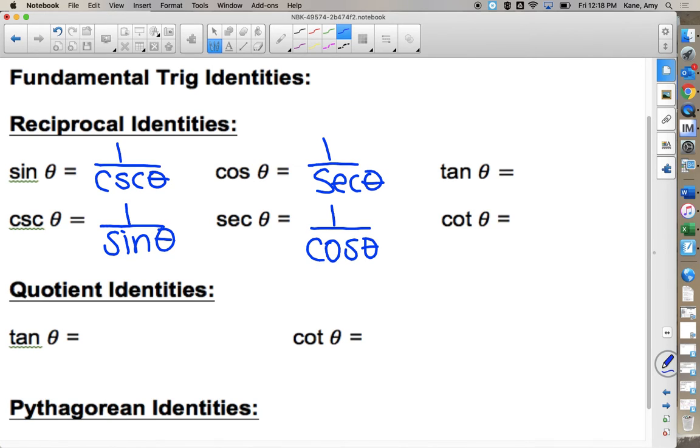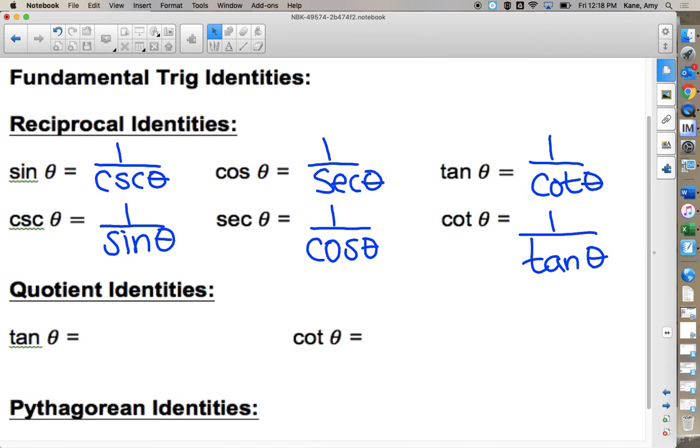And again, that goes along with those calculator problems that we did, because the only way we can find cosecant, secant, and cotangent in the calculator is using the reciprocal functions. And then the tangent would be 1 over the cotangent, or the cotangent is 1 over the tangent. So reciprocal functions, 1 over something.